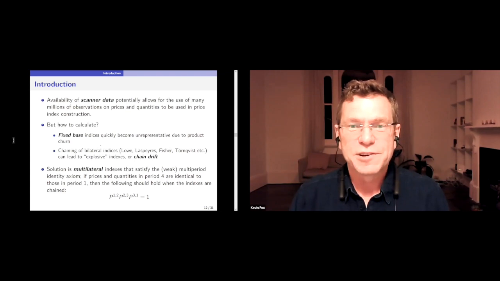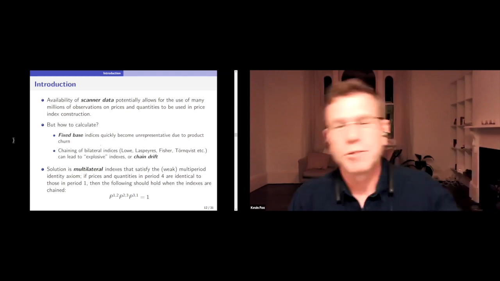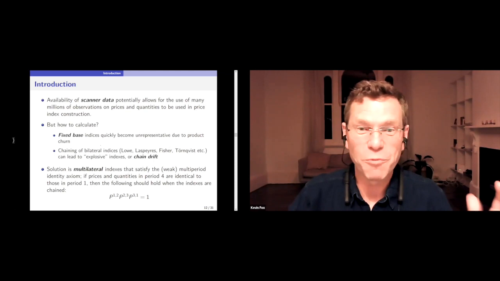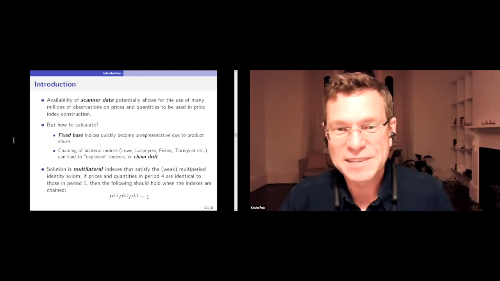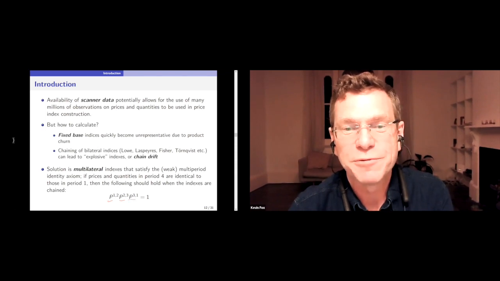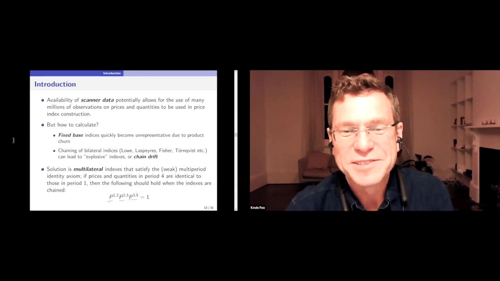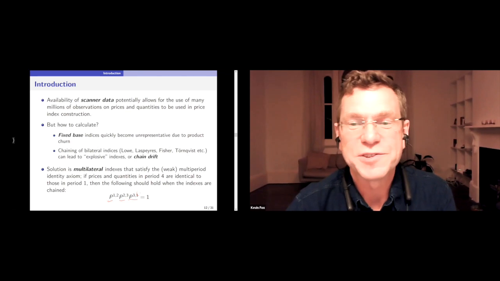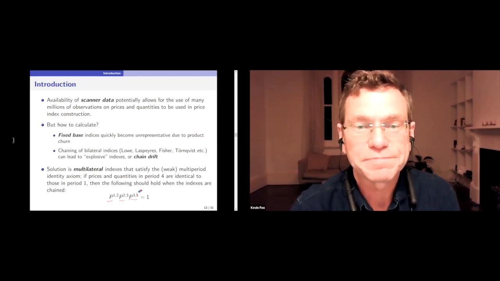If we say we've got 3 periods, and then in the 4th period, all the prices and quantities are identical to those in period 1, then the following should hold when the index is a chain. Capital P is a price index, and this one goes from 1 to 2, this one goes from 2 to 3, and then this one goes from 3 to 4, except for period 4, we don't have a 4 here. We instead have a 1 because the prices and quantities are the same in that period.